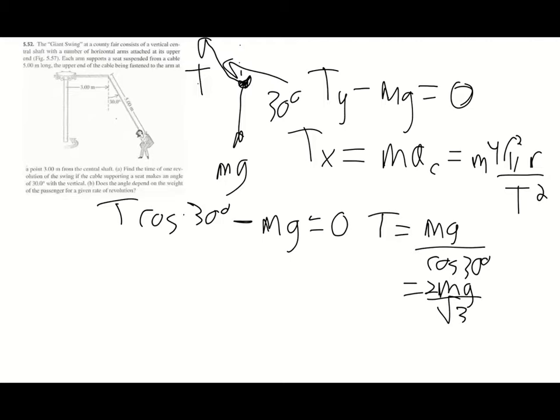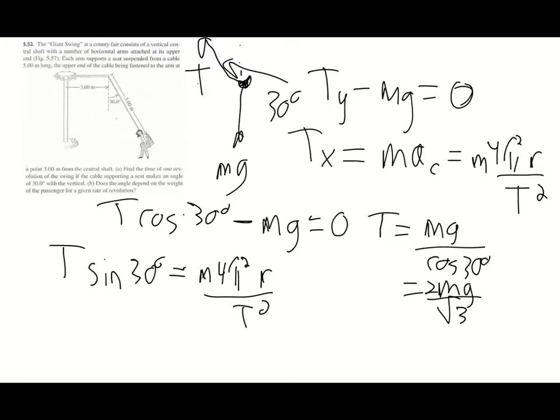Okay. So we're going to do the same thing with the other equation. So we're going to take T sine 30 equals m 4 pi squared r over T squared. And we can replace that.